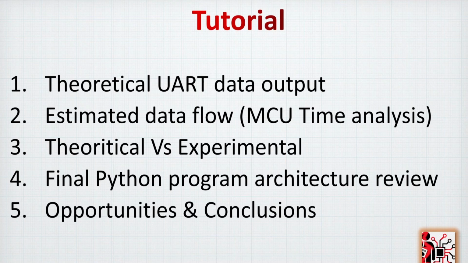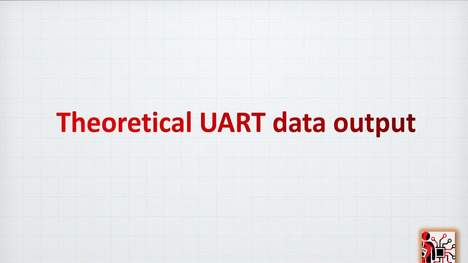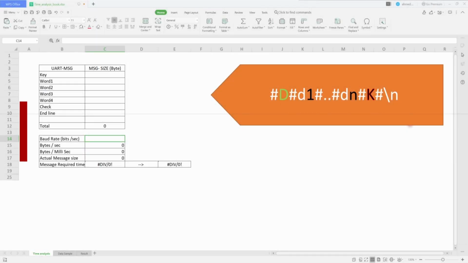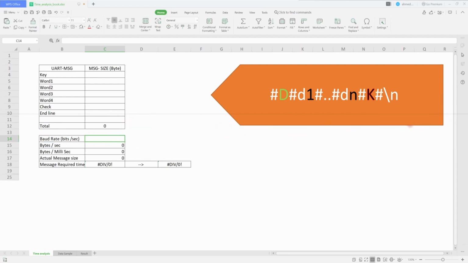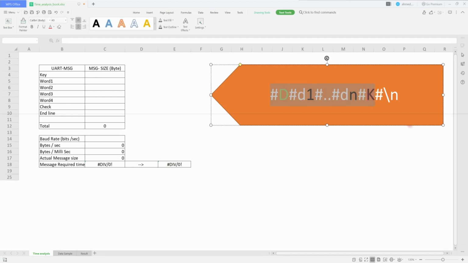Okay, let's not spend further time and go to the theoretical UART data output and see how long it takes to get all the information. As we have been discussing in the previous tutorials, we have agreed that the message we are going to send is composed in this way. At the beginning, each fragment of the message will have the pound in front of it.